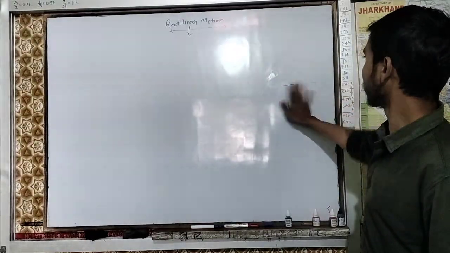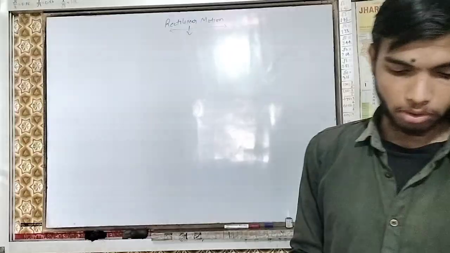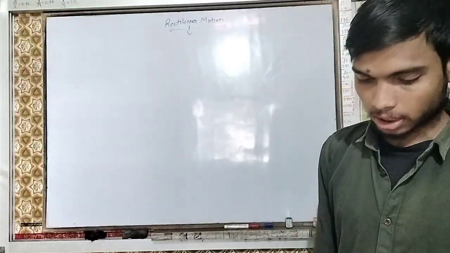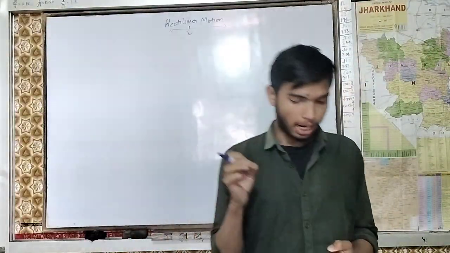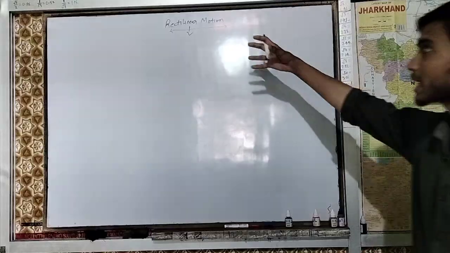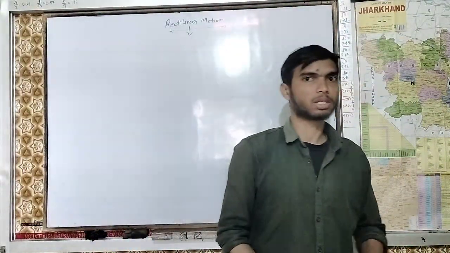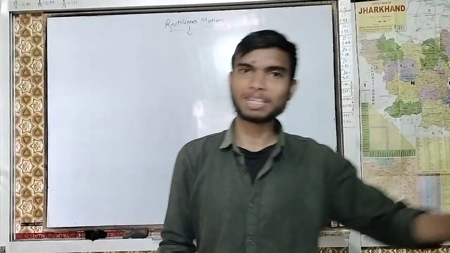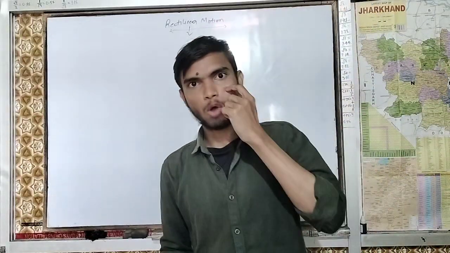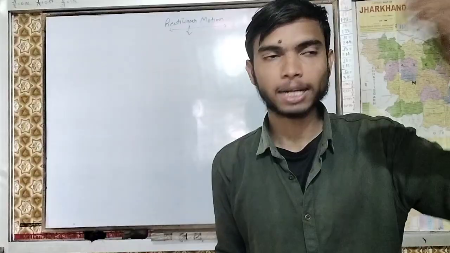Let's move ahead. I have a PPT, and I read it so that we don't miss any topics or main words. As you know, motion can be divided into three parts: first is one dimension, second is two dimension, and third is three dimension. From one dimension we understand that the body is moving in one direction.